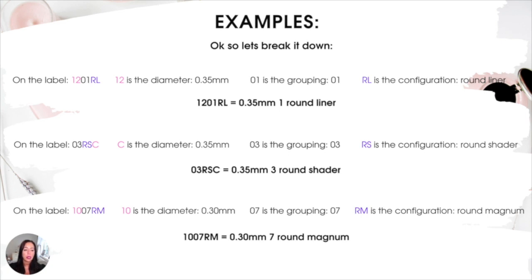And on the second label, your diameter is at the end. So remember, they will not always be labelled in order. It's just knowing how to pull this apart. So C is your diameter. 03 is going to be your grouping. So we know there's 3 needles in this casing. And then RS is our configuration. So RS is your round shader. So an 03 RSC is a 3 round shader and you have a 0.35 millimeter thickness again.